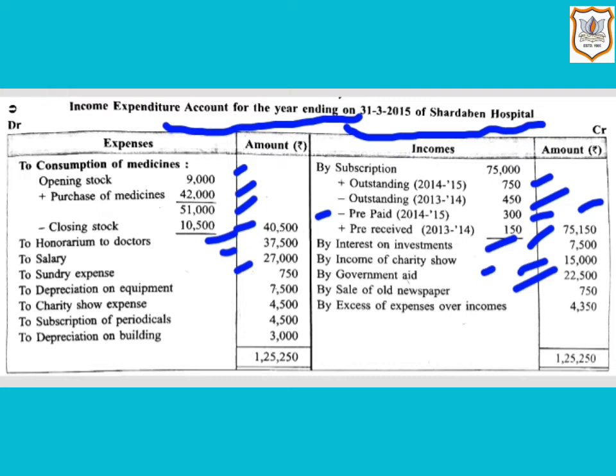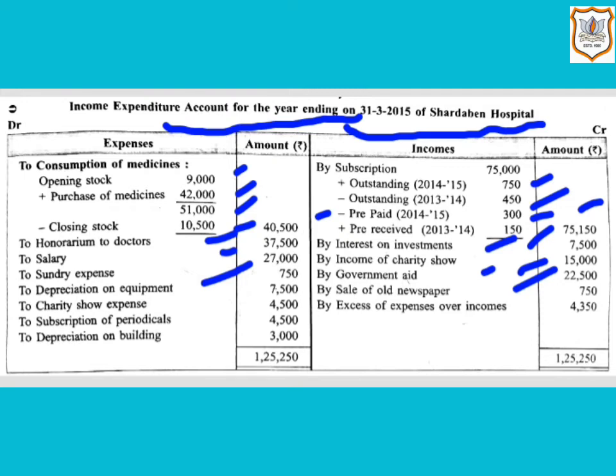So at the end of the year, we have equipment worth rupees 78,000. So 85,500 minus 78,000 comes to 7,500. 7,500 is depreciation on equipment. So as depreciation is a revenue expense, we will record it on the expense side, depreciation on equipment, that comes to 7,500.